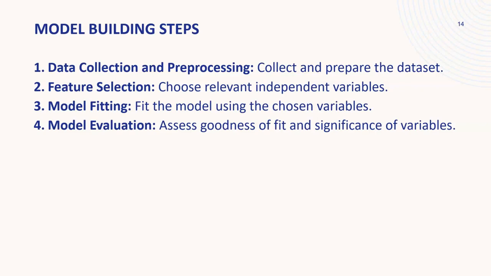Then we are going to fit the model using the chosen variables, and then we are going to do the model evaluation, which includes the prediction of our dependent variable, and then check how well our prediction is done or how good our model fit is. So, assessing the goodness of fit of our model with the help of the different significant independent variables.